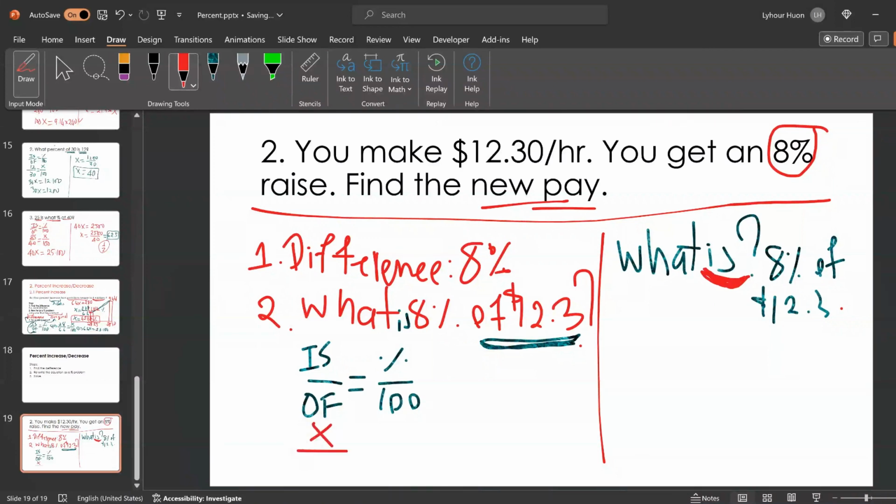What about "of"? "Of" is 12.3 dollars. Equal to percent over 100, which is 8 over 100. The 100 is always 100.